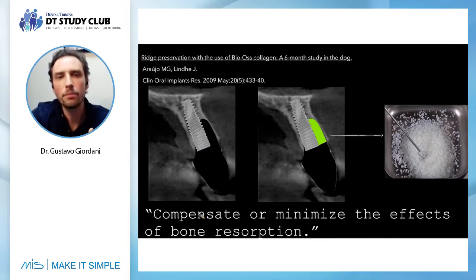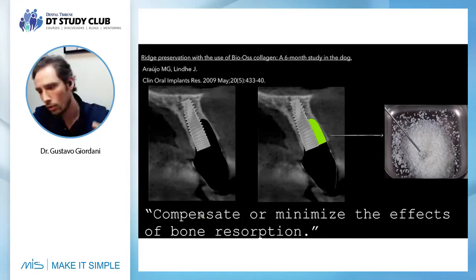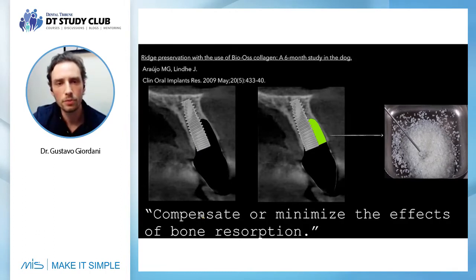I can create more space with this implant because the head is smaller than the body. So I create this gap very easily, and I pack biomaterial between the implant and the buccal wall. By using this biomaterial, we compensate and minimize the bone resorption's effect.